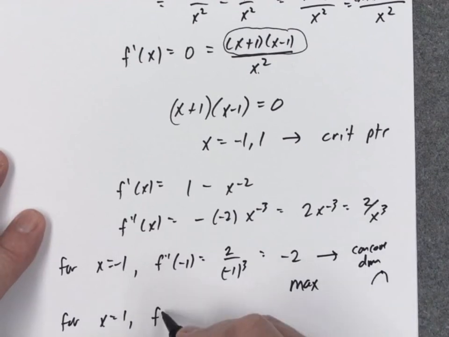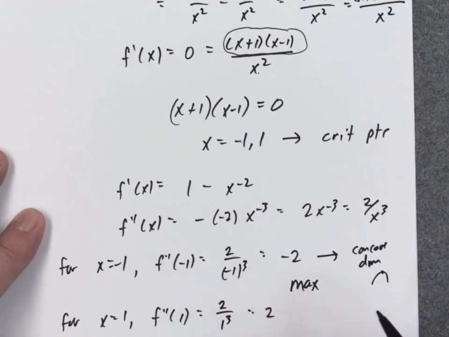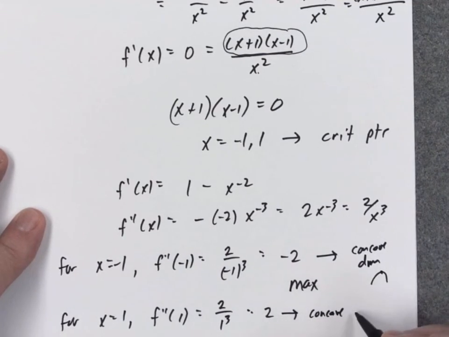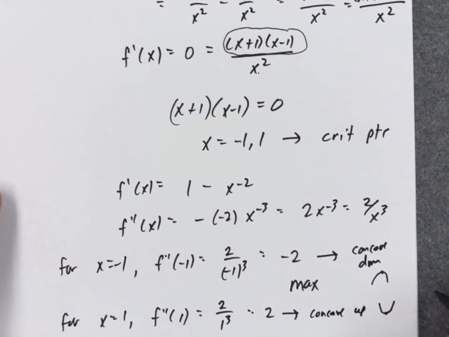Let's look at my second critical point. For x is 1, plug it in to my second derivative. 2 over 1 cubed, which is 2. What does a positive second derivative mean? It means concave up. What does concave up have to have?